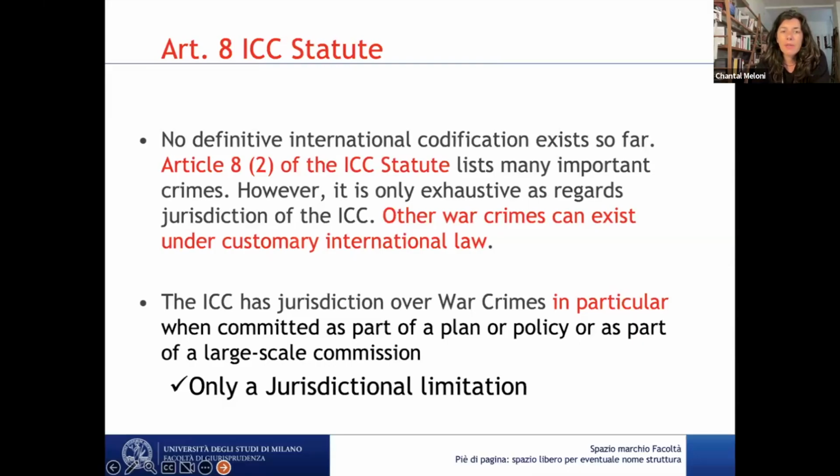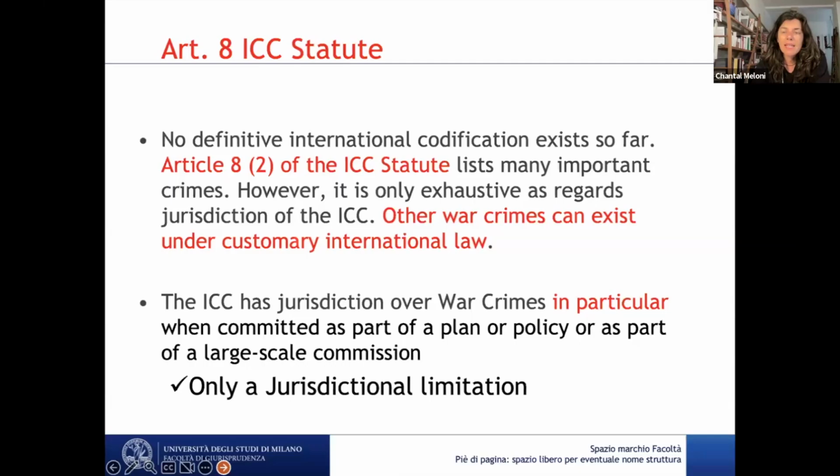And even if we cannot say that it is an international criminal codification, still, in the Rome Statute, if you take Article 8, you will see it is several pages of listing of war crimes. There is a catalog that is definitely very comprehensive of what nowadays are considered to be war crimes.